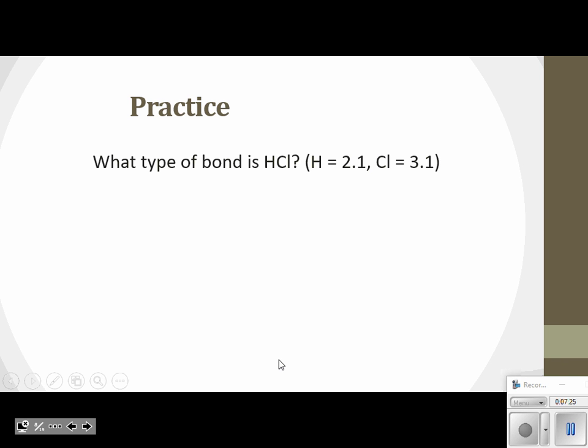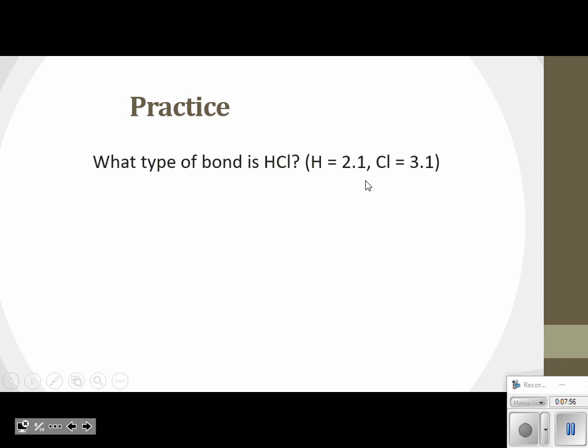Now, let's look back at that bond between hydrogen and chlorine. Okay? Look at this. Now, I know these numbers aren't exact. I probably should change those. Because hydrogen's 2.2 on our periodic table, right? What is chlorine? 3 point what? 3.16. So they're a little bit different than what we have here.